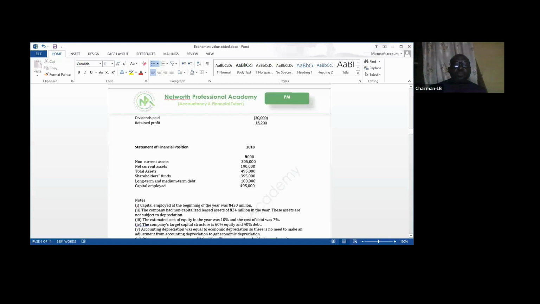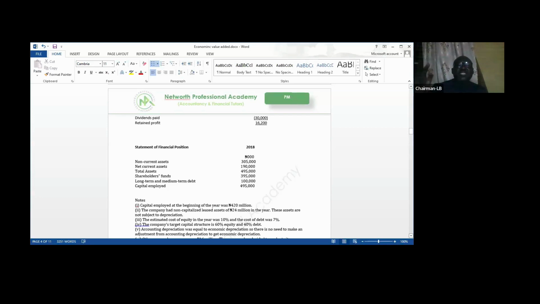Notes: capital employed at the beginning of the year is 420. That is, on 1st January, the capital employed was 420 million. The company had non-capitalized lease. That means the company has obtained lease.